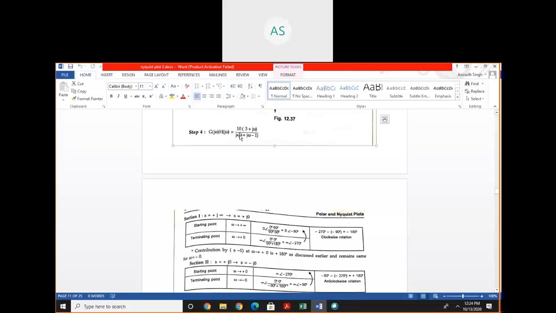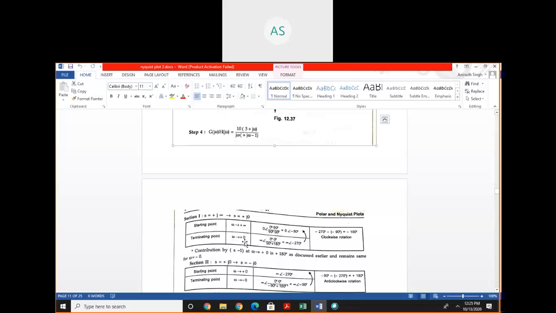Angle contribution by 3 plus j omega is 90. Similarly, the angle contribution in the denominator by j omega is 90 and by this term is 90 degree. So this 90 and this 90 cancel out and we get 0. Magnitude is 0 and angle is minus 90 degree.